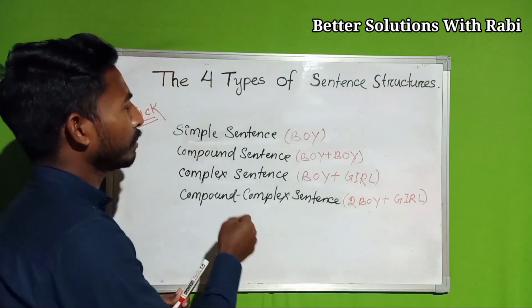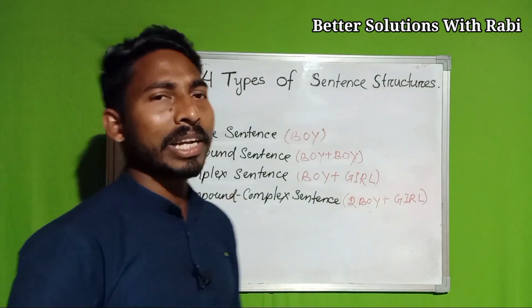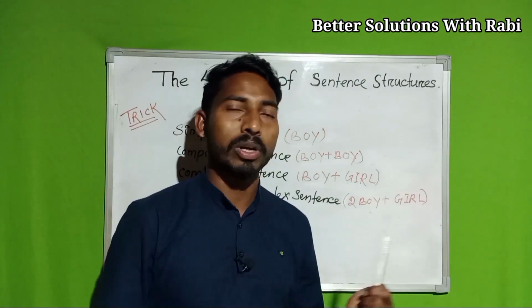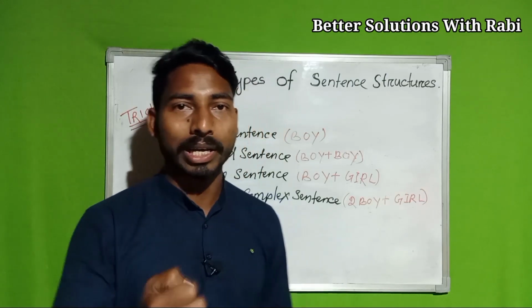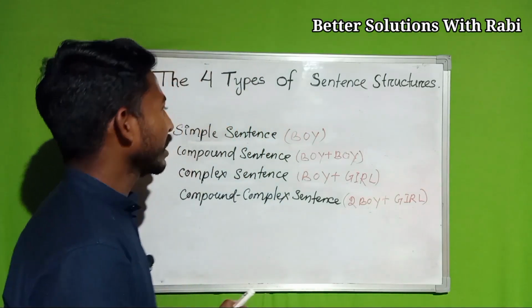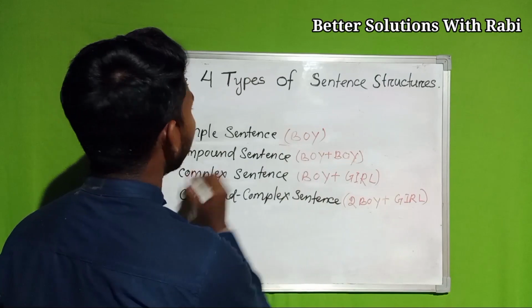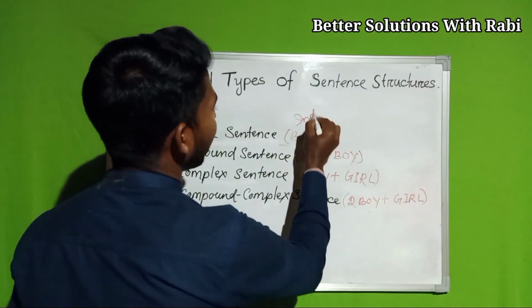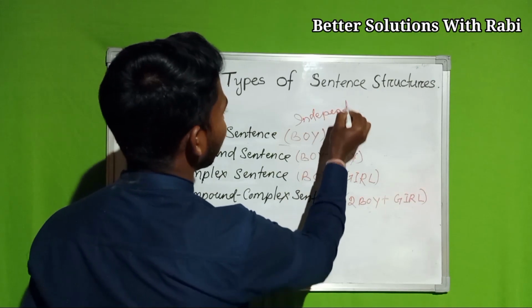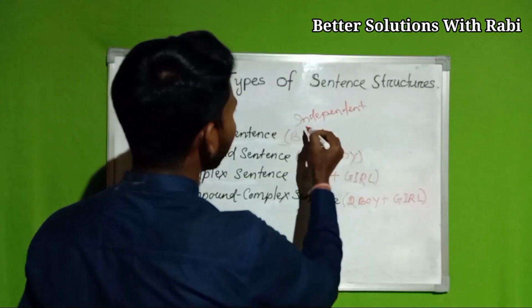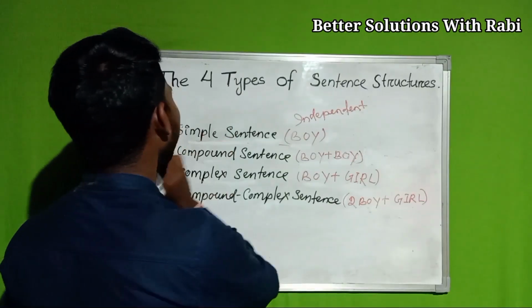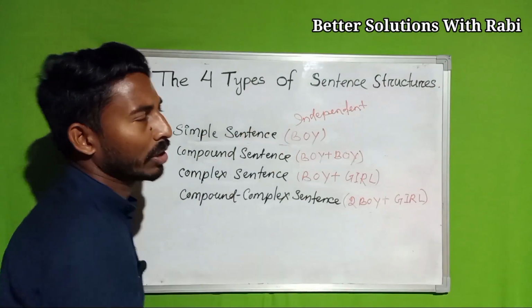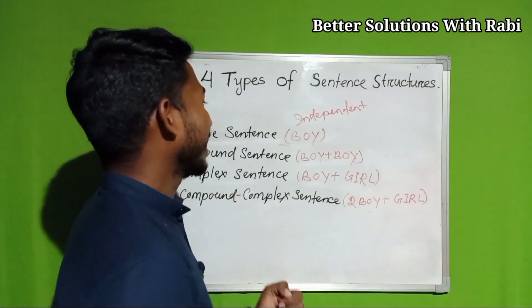Just before some time I said that for the independent sentences we will take boys, and for the dependent sentences we will take girls. Okay, now since I have written here boy for the simple sentences, that means it is independent. That means simple sentences can also be called independent sentences.